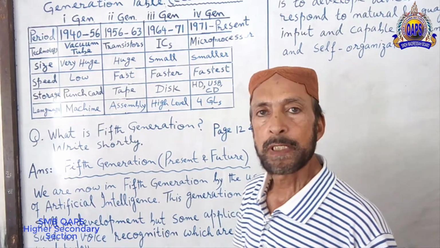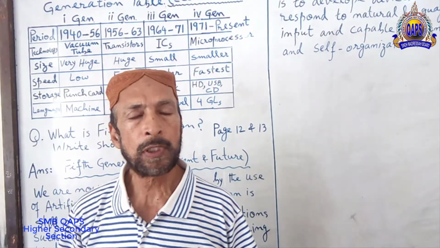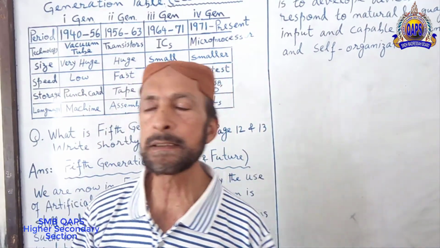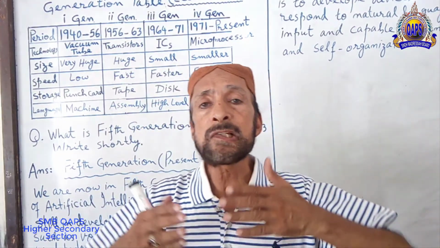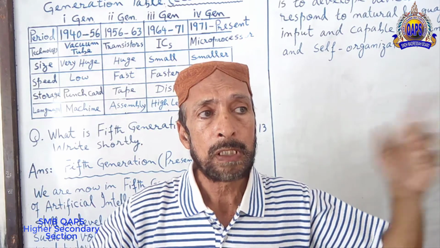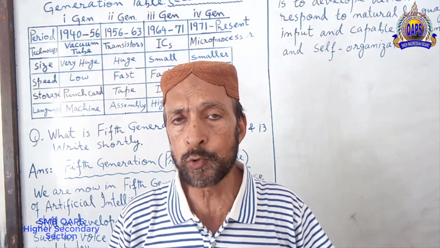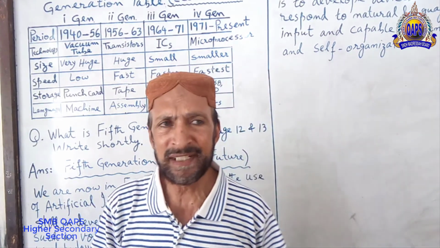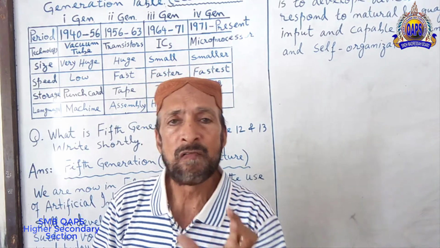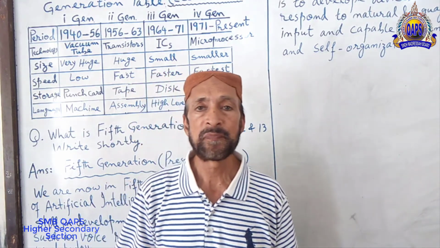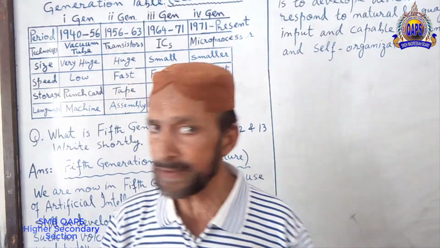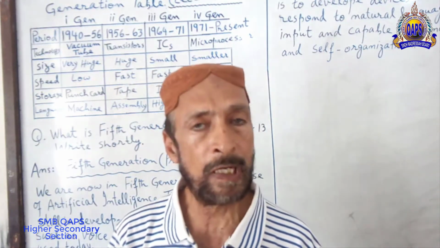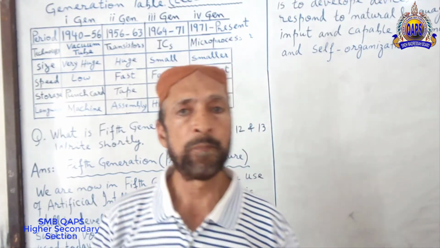For example, if I am talking about first generation, it's very necessary for you to remember that the size of the computers belonging to first generation was very huge, and the speed was very low, and the technology which was used in first generation was vacuum tube.